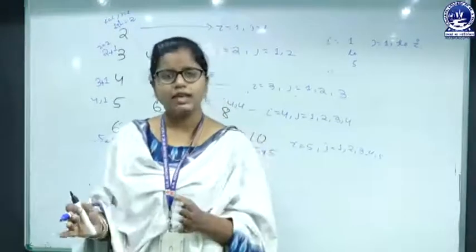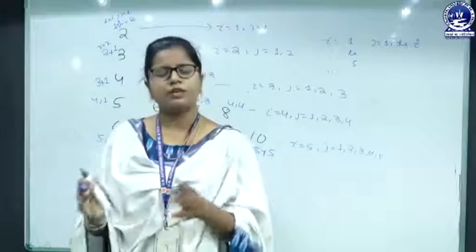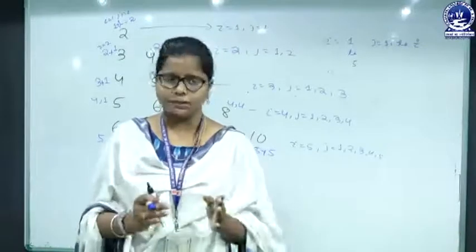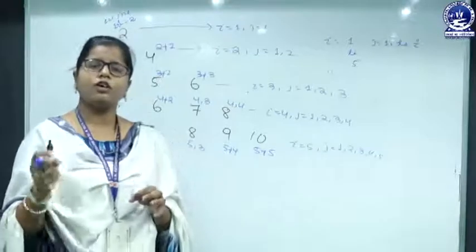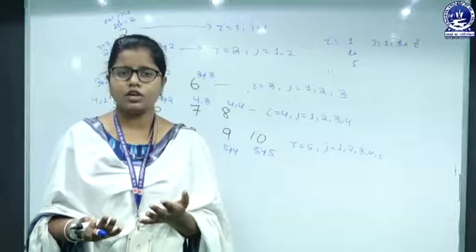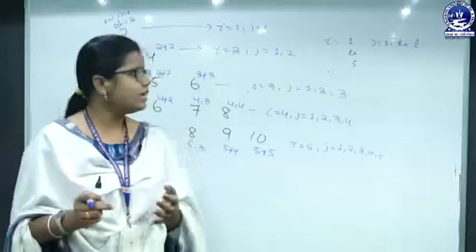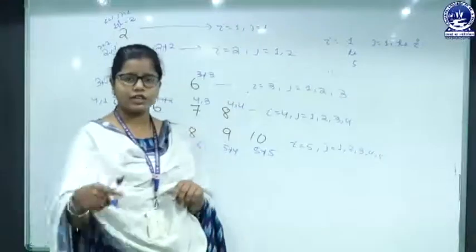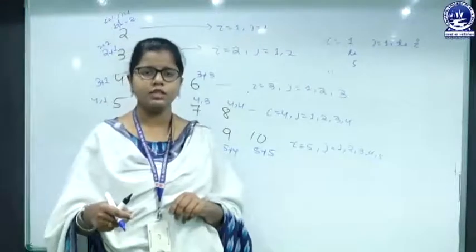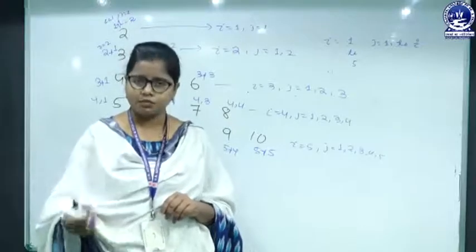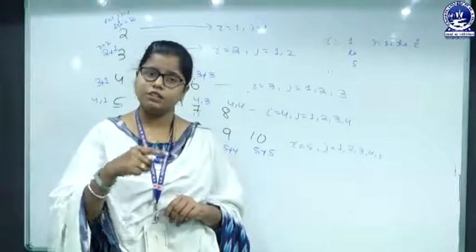If i will be 10, j will start with 1 and end with 10. So j value depends on i. So this is very simple. For the row we have an outer loop, and for the outer loop the counter variable is i. The range for i is what? 1 to 5. And for the inner loop, that is for column counting, the counter variable is j, and j will start with 1 and j will end with the value of i.